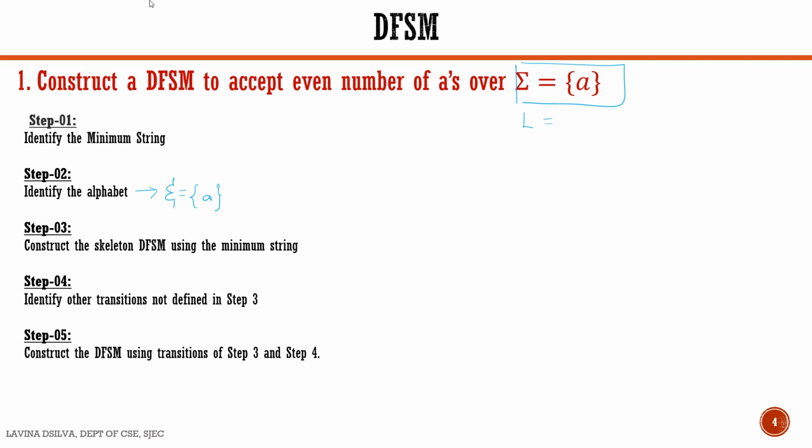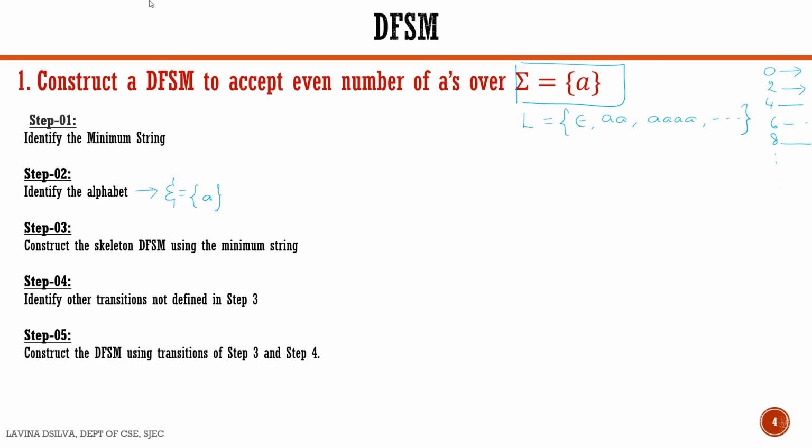What are the even numbers? 0, 2, 4, 6, 8, etc. are even numbers, right? So if we are talking about 0 A's, then what is the language? It is an empty string. Next it is 2 A's, so we have A and A. Next 4 A's together. After that 6 A's together, 8 A's together, and it goes on. So this is the language of your DFSM.